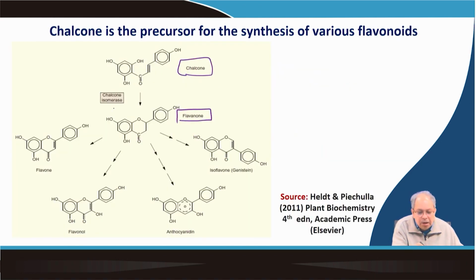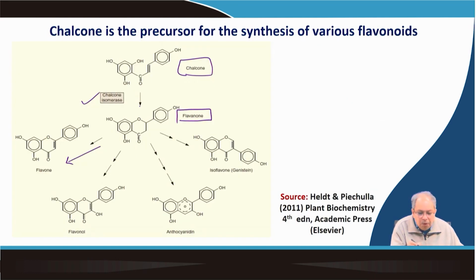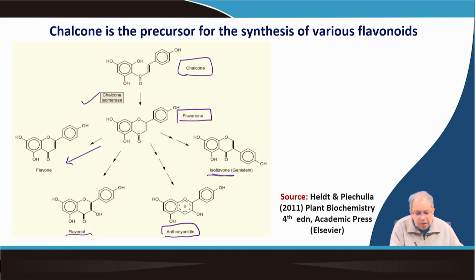This isomerase enzyme converts it into flavanone. Flavanone makes flavone, or isoflavone, or flavonol, or anthocyanidins. So, flavanones are also very important molecules, and through different enzymatic routes they make different phenolic compounds.